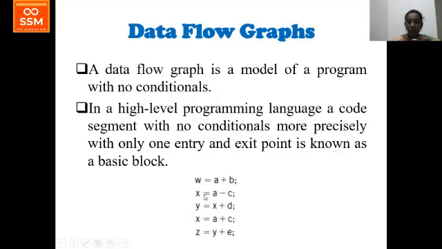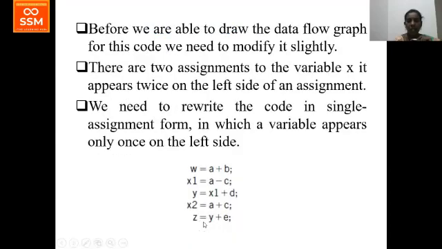To avoid confusion about the X operation, we are changing them to x1 and x2. That is what we have to assign and modify; in a program we can modify some expressions. Before we draw the flow graph, we need to modify it slightly.